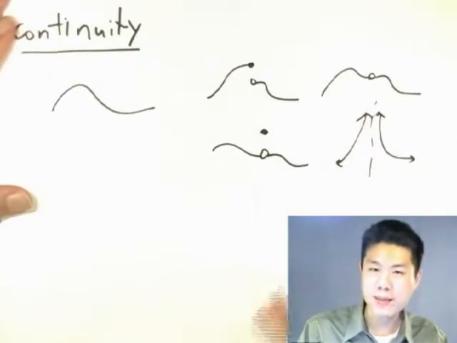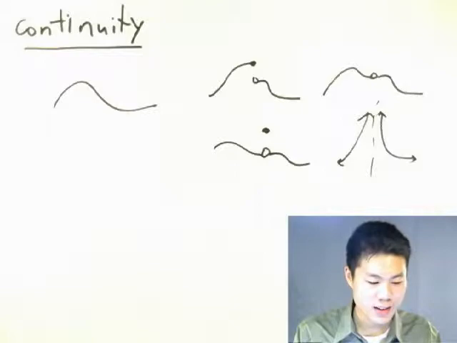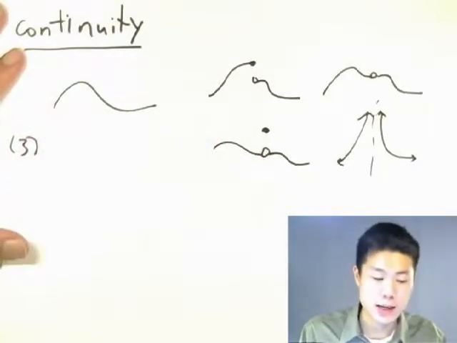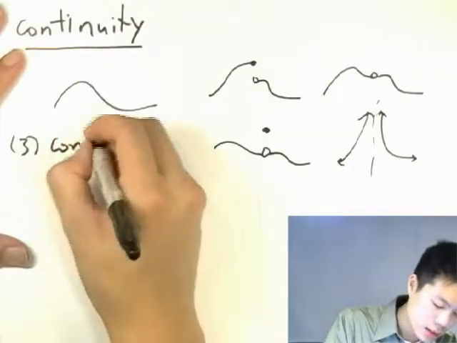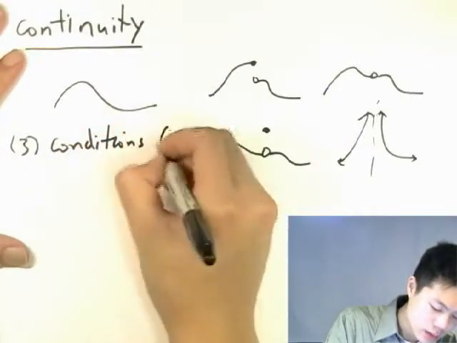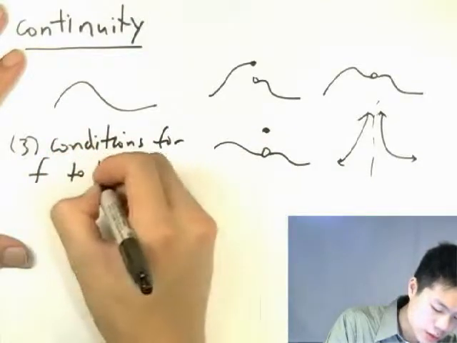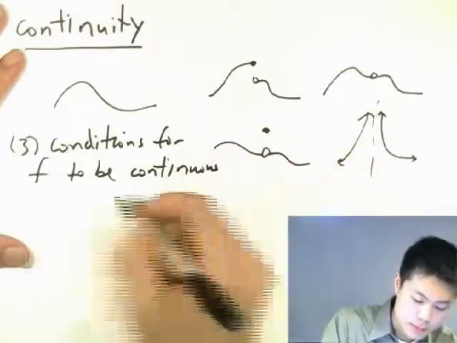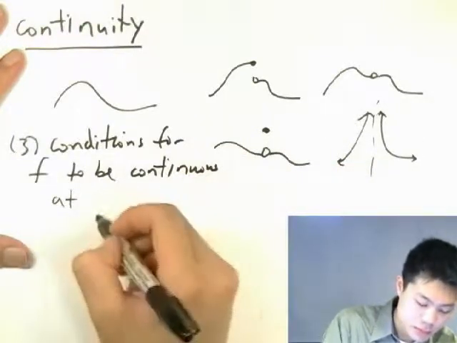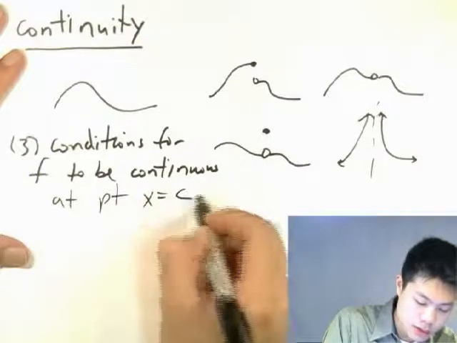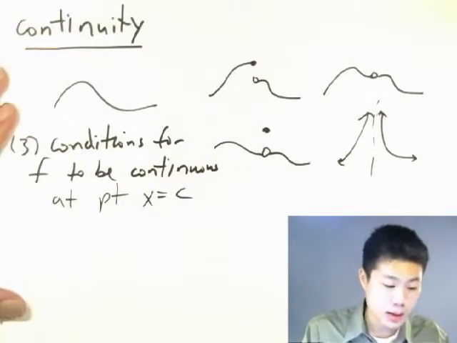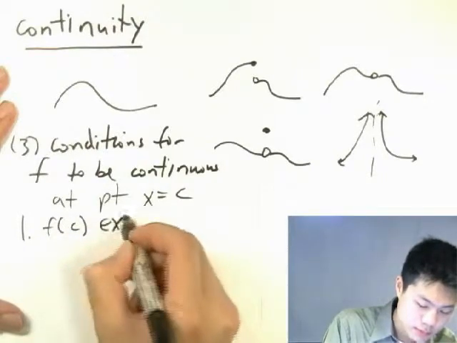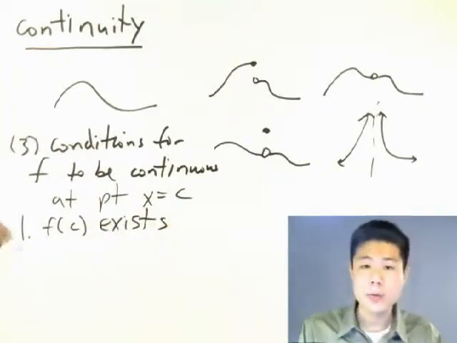Okay, so in more mathematical formality, let's define the three conditions that are necessary for a function to be continuous at a point x equals c. The first condition is that the function has to exist at that point.